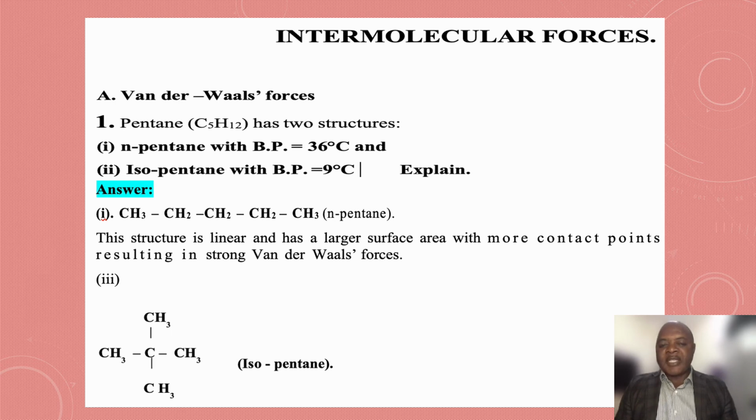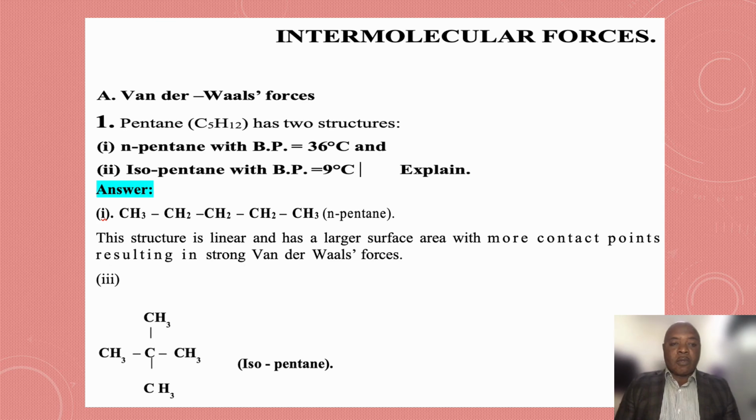And the isopentane is just an isomer of it, which, if you were to name it, you will say it is 2,2-dimethyl propane.